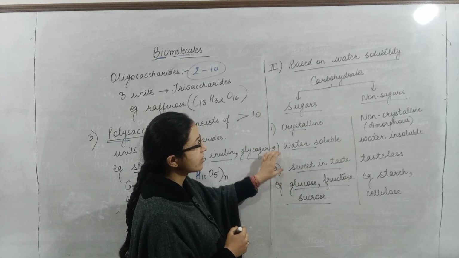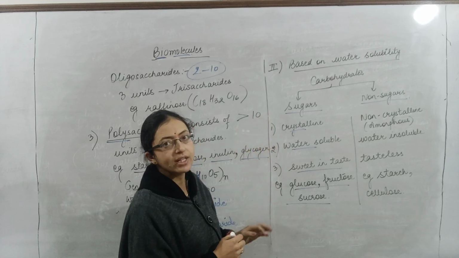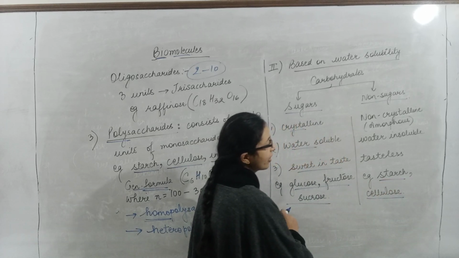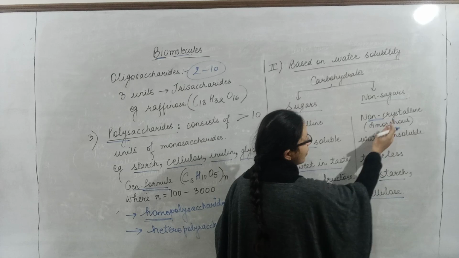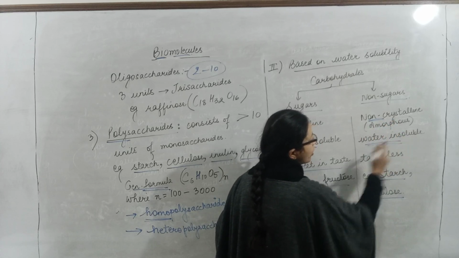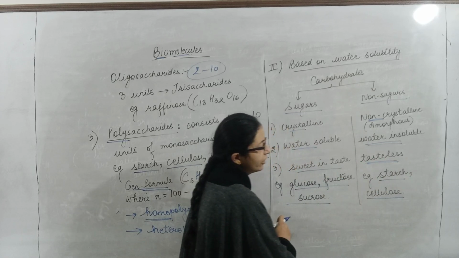The polysaccharides fall in the other category. Starch and cellulose are polysaccharides. They are non-crystalline; we can call them amorphous. They are insoluble in water, and generally they do not have any taste. They are tasteless.